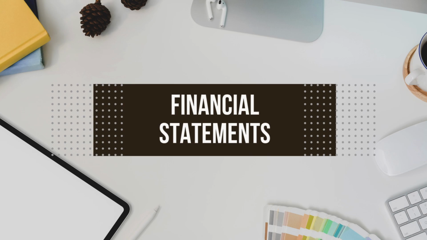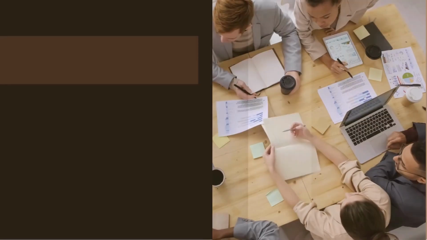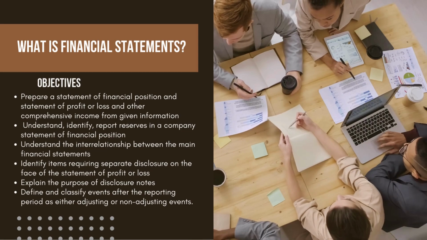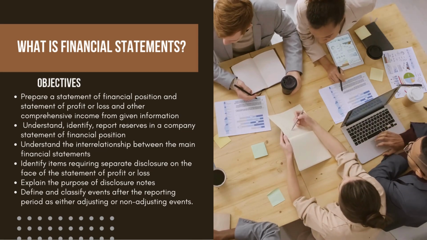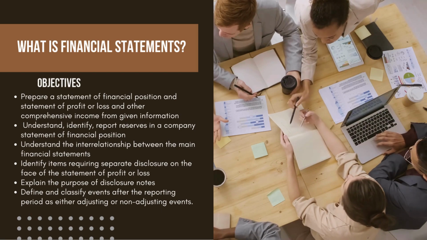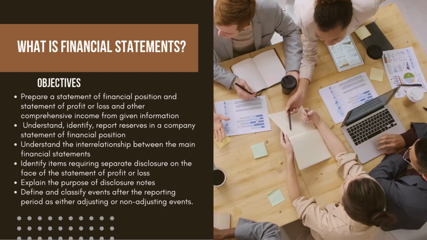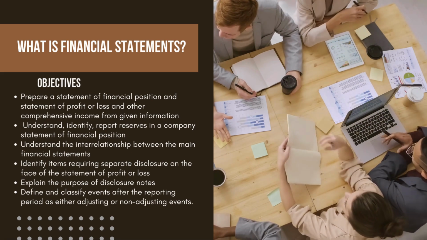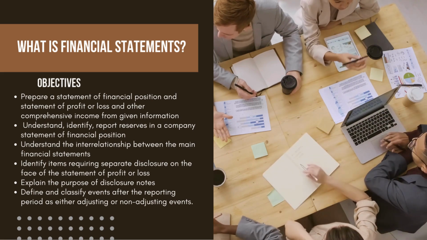To get to know more about financial statements, first we need to know the objective. The objective is to prepare a statement of financial position and statement of profit or loss and other comprehensive income from given information. Also, we need to understand, identify, and report reserves in a company's statement of financial position.